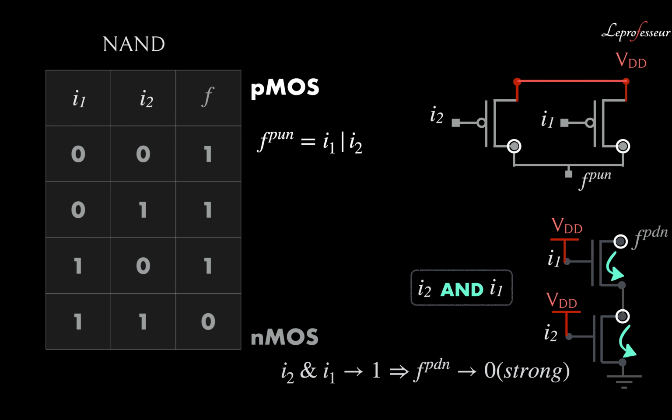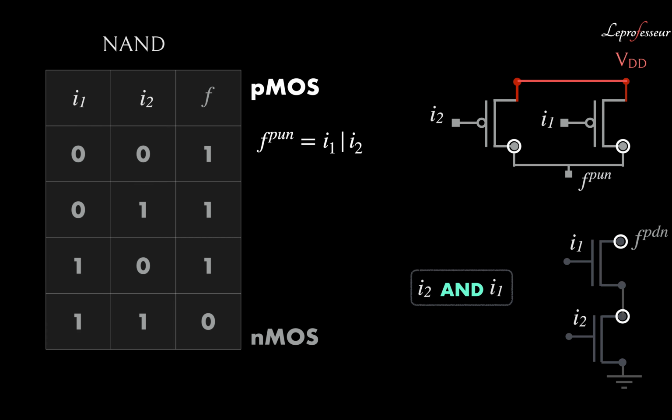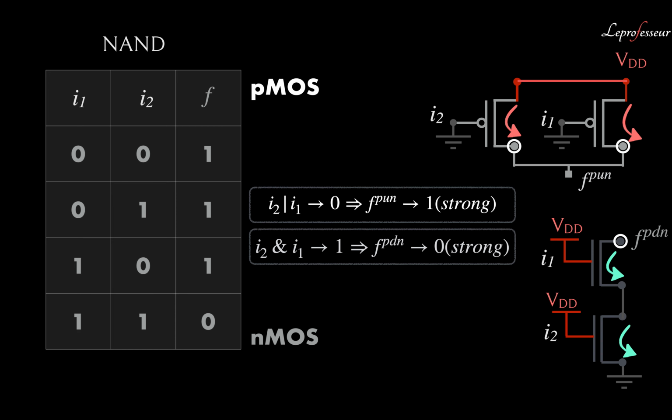PMOS or OR logic and NMOS AND logic. Good. Or in other words, we can call it pull up network is I1 or I2 and pull down network is I1 and I2 for this NAND gate logic. So this is just to formalize and remind ourselves what we just discussed.